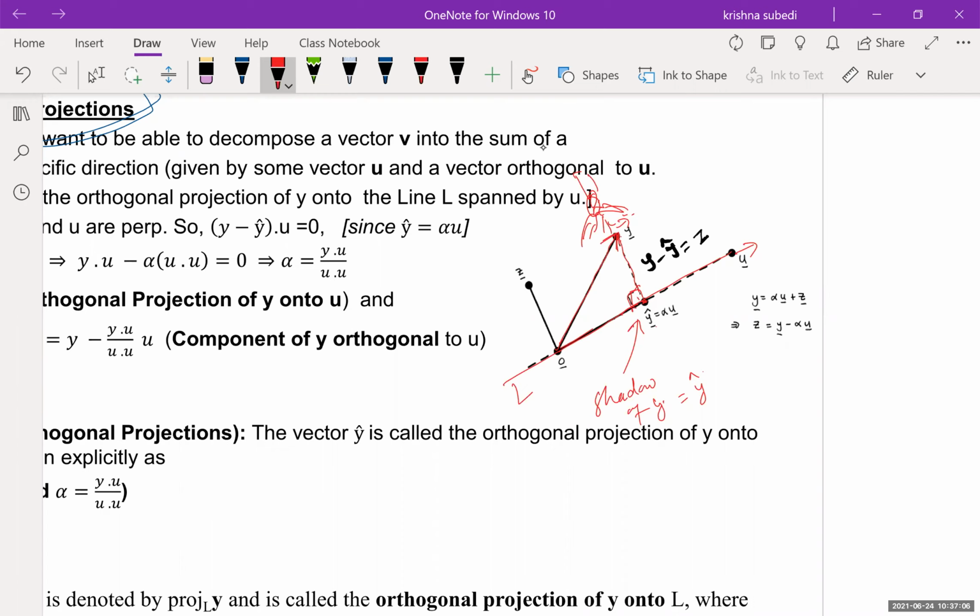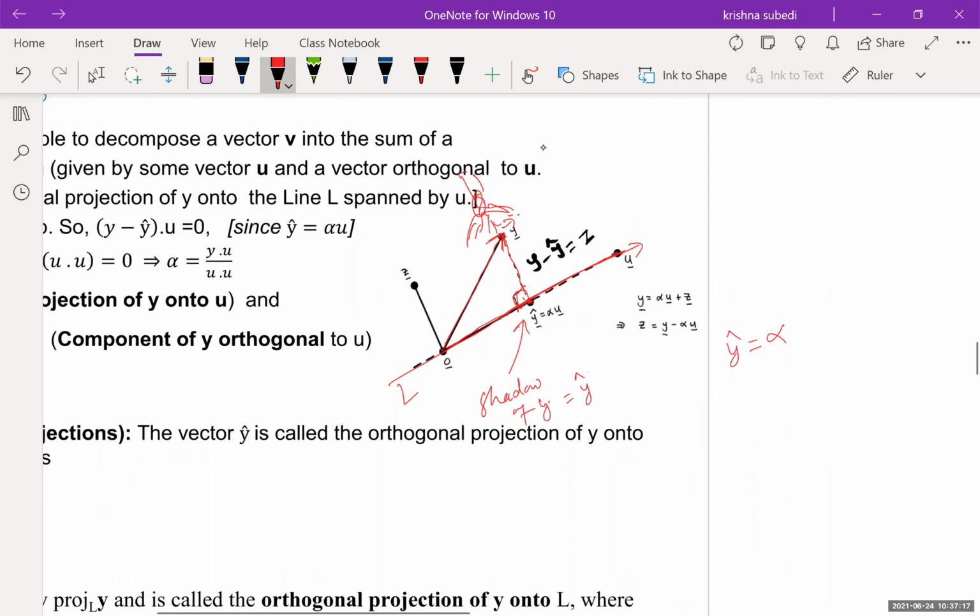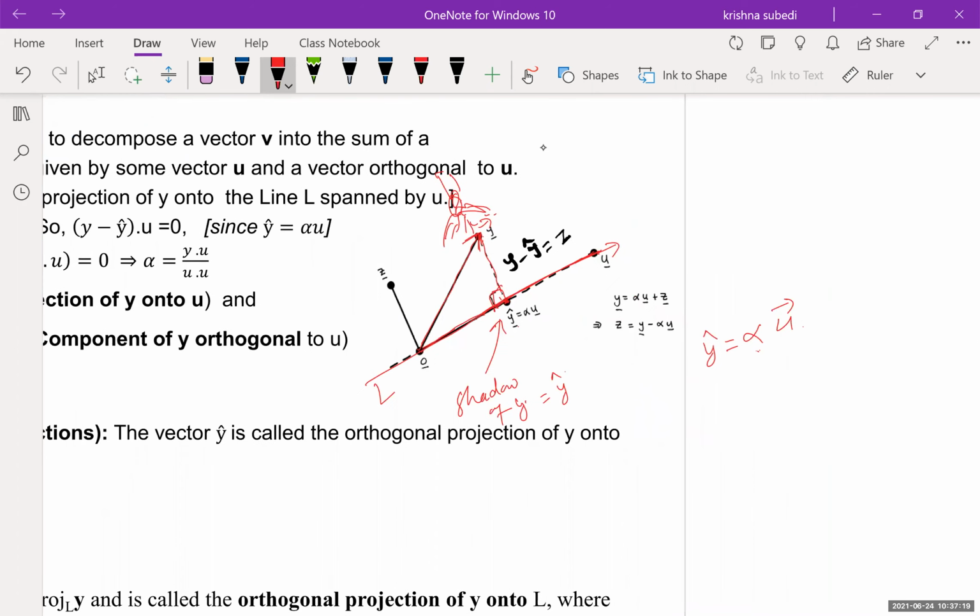Now notice that this vector is u. So y hat will be some scalar multiple of u. It may be half of u, or it may be 2/3 of u, depending on where you choose. So it is some scalar multiple of u. Any question?